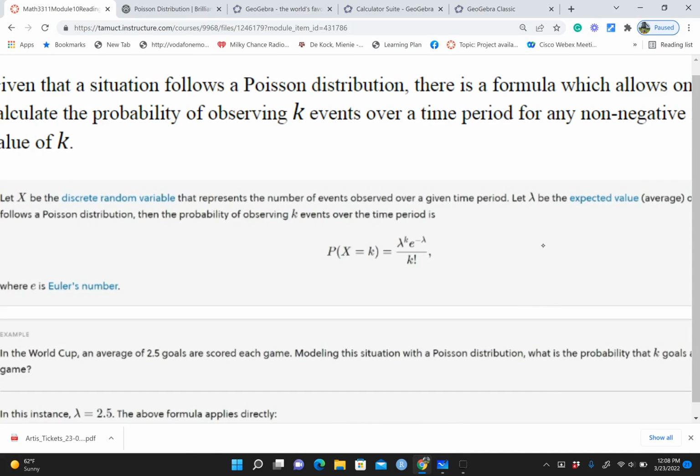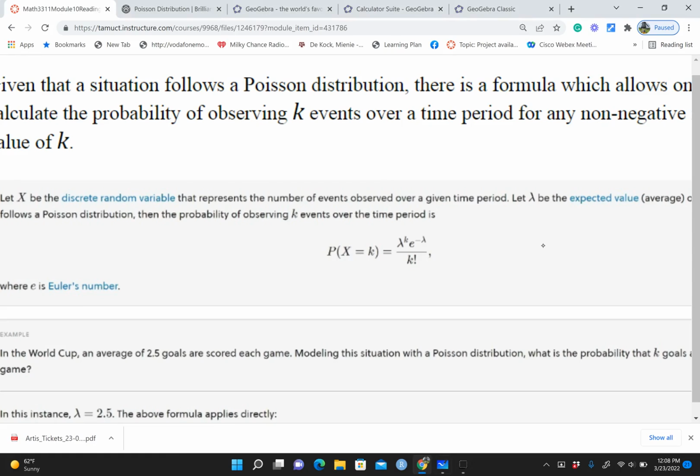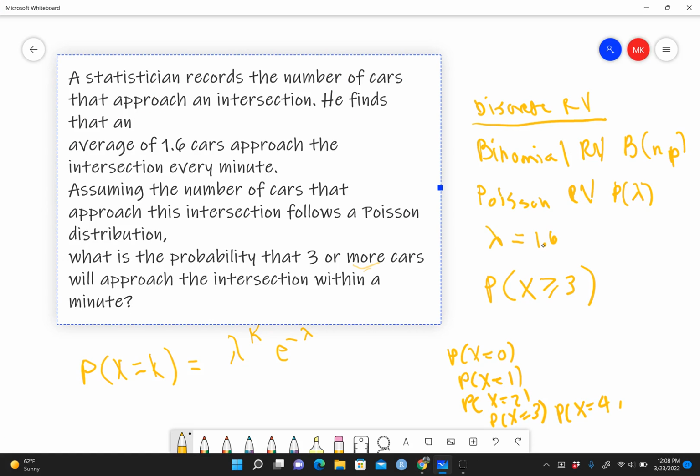So let's write it. Probability that x is equal to k is going to be equal to lambda to the k, e to the minus lambda, over k factorial.